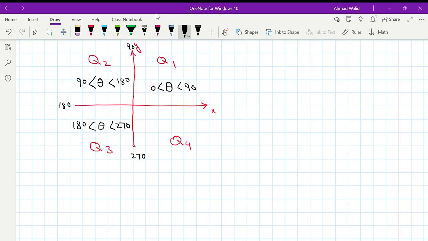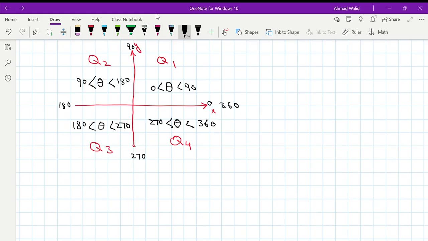And in quadrant 4, your theta is definitely greater than 270, but less than, add another 90. It means this line is also 0, but at the same time, if you do a full round, it gives you 360 degrees, right? In quadrant 4, theta is always greater than 270 and less than what? 360.